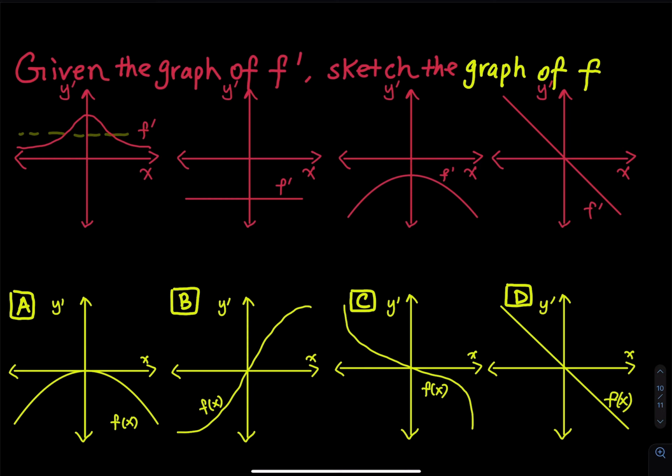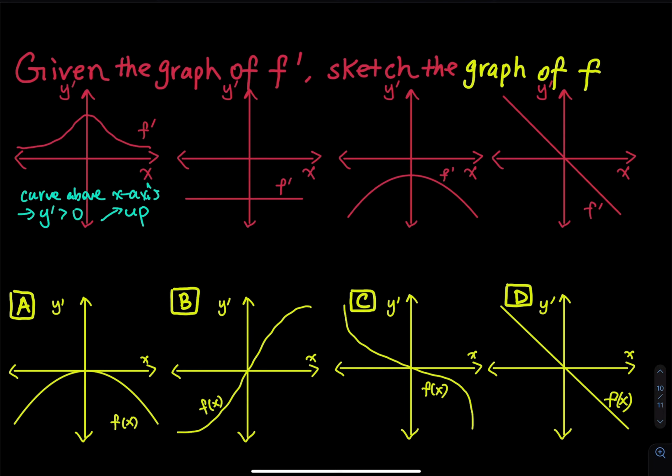So let's do some writing. First of all, the entire curve is above the x-axis. What does that mean? That means y prime is greater than 0. That means for the f of x, the entire graph, the slope must be going up. This is f prime.